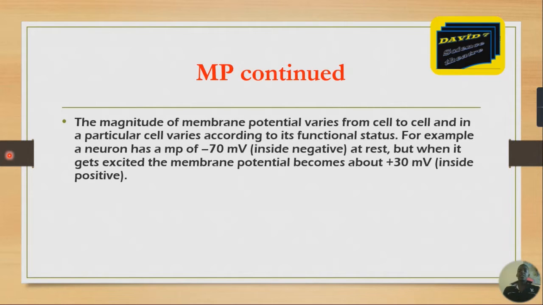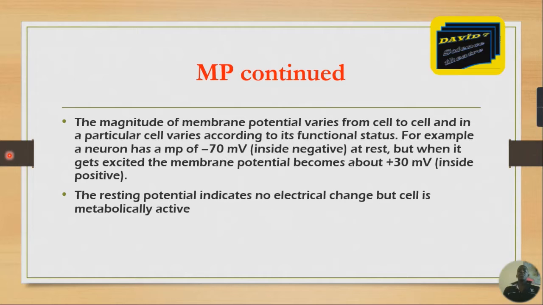But when it gets excited, the membrane potential rises to about positive 30 millivolts, where the inside becomes positive relative to the outside. The resting potential indicates no electrical change, but the cell is still metabolically active.